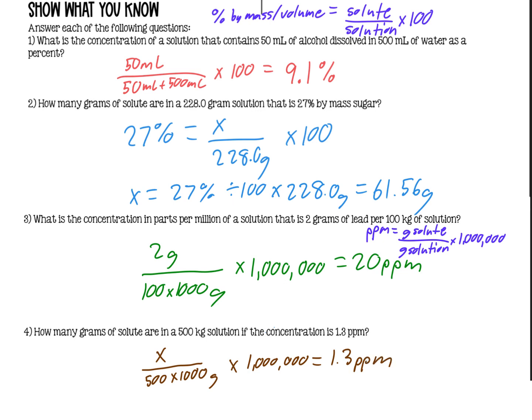Now we need to solve for x. So we're going to take x is equal to 1.3 divided by 1 million times 500,000. Type this in your calculator and you will get a total of 0.65 grams of solute.